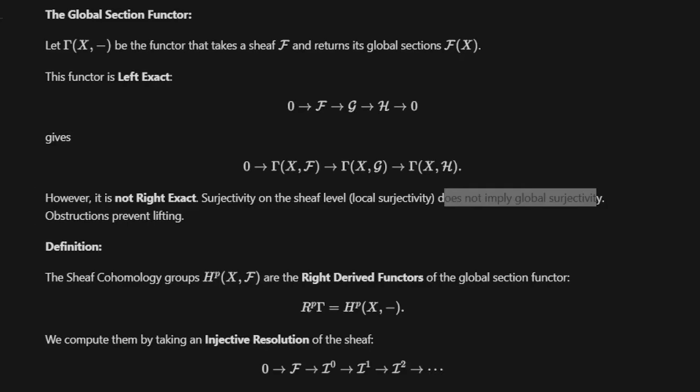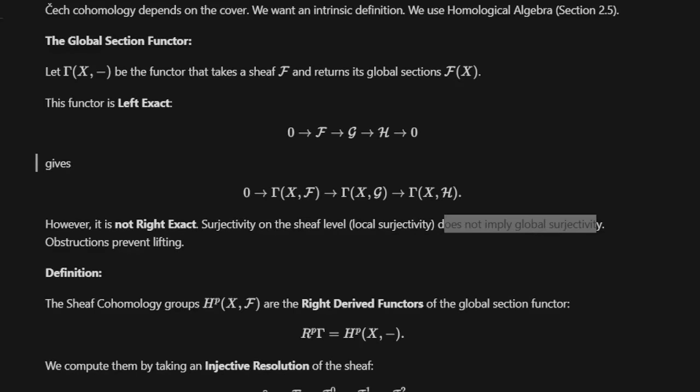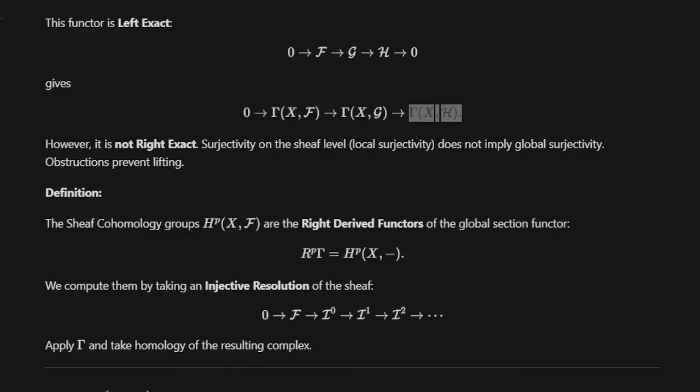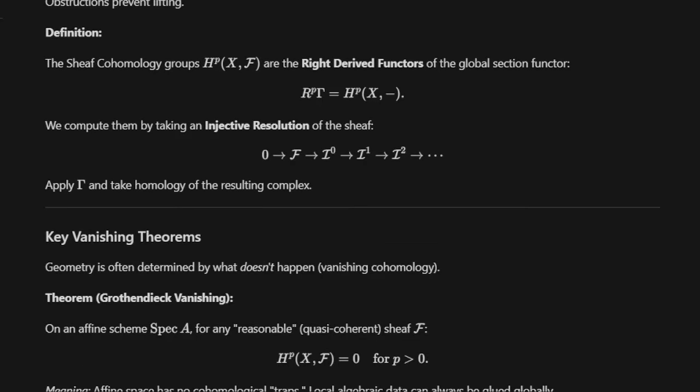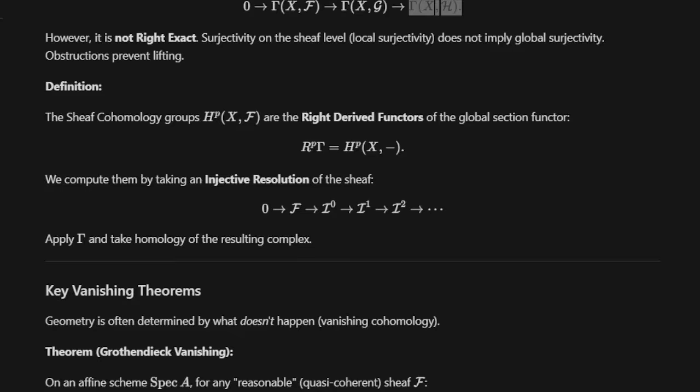Just because a map of sheaves is surjective locally on small open sets doesn't mean that it is surjective globally, because to lift a global section from here to there, again, you might hit an obstruction. So what we have to do is define the sheaf cohomology, which is the right-derived functor of the global sections. It precisely will measure the failure of global surjectivity, right?